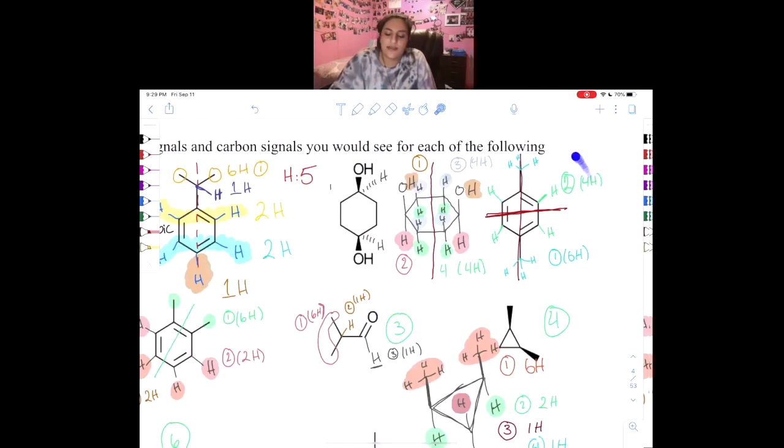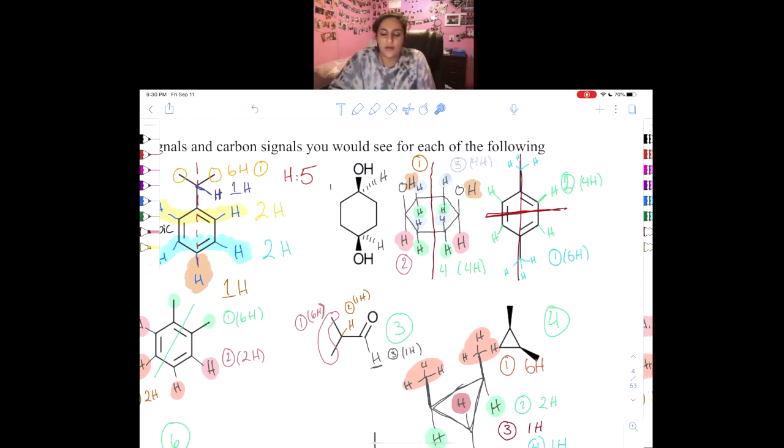Last one of this row is this one right here. It's a benzene ring with 2 methyl groups, and there's actually 2 lines of symmetry going like this. When we do that, we create essentially 4 quadrants, right? And the important thing I want you to see is this carbon, again, does not have a hydrogen, so ignore it. So we're going to look at these methyls first.